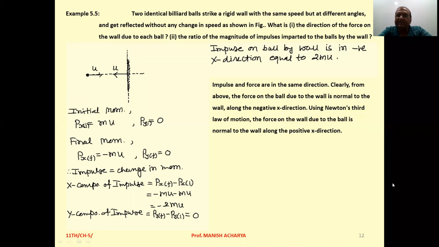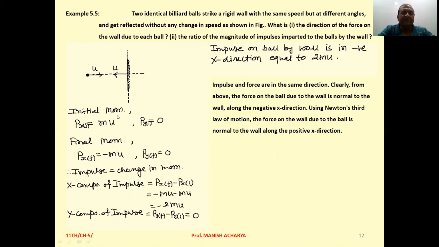To calculate it, we must have the initial momentum as well as the final momentum. The ball moves towards the wall, collides with the wall and rebounds with the same speed. Magnitude wise the speed is the same, but the direction is opposite.